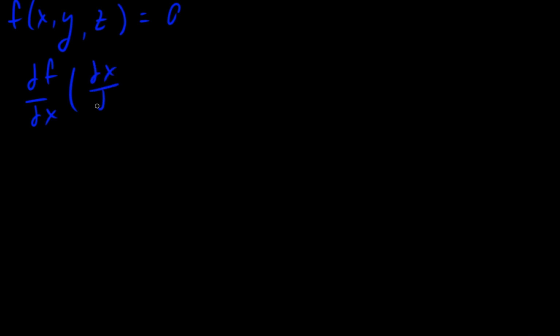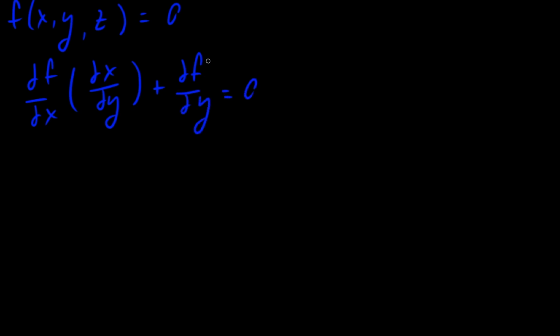Great. If we go back to our f of x, y, z equation, suppose we set this to 0, and let's define x as a function of y and z, and we'll differentiate with respect to y. If we do that, we get partial f over partial x times partial x over partial y plus partial f over partial y, and this gives us 0.